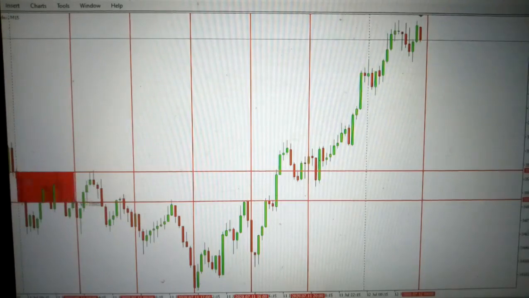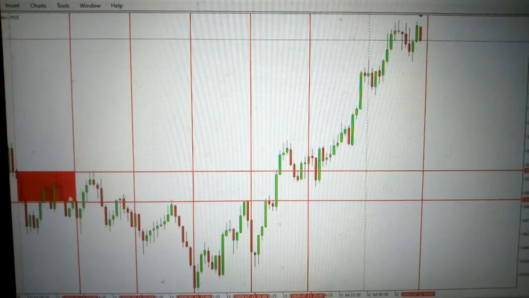This is the rectangular shape showing that price moved when price closed here, and we have the period separator for the day. Price moved to this point and closed here. So I have a rectangular shape of how price dropped.